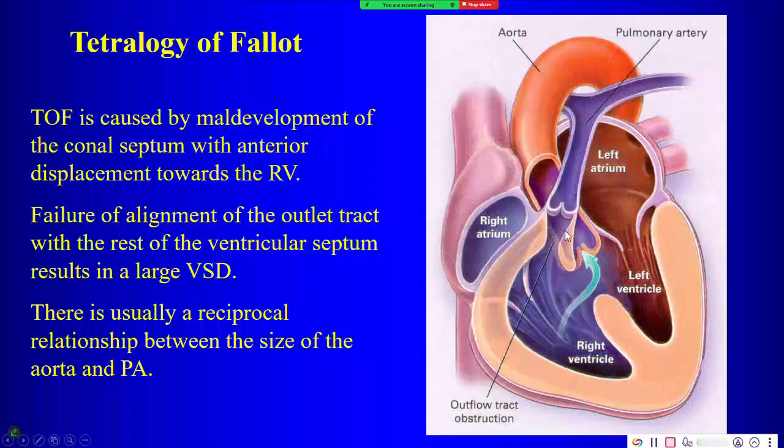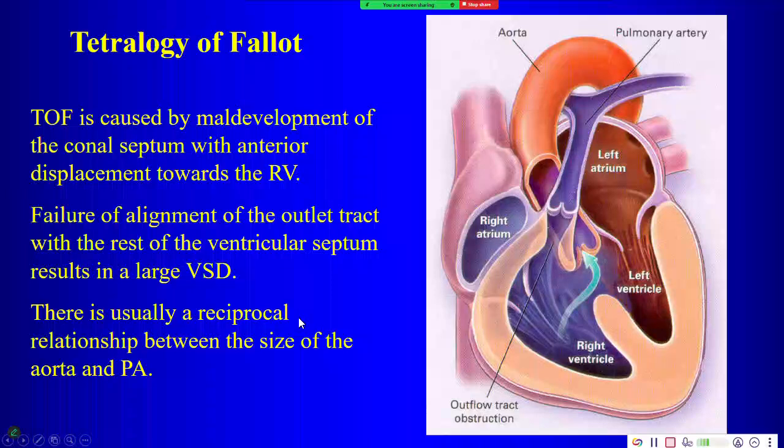And then, because of that shifting towards the right ventricle, the aorta moves over and overrides the ventricular septal defect. The infundibular stenosis results in right ventricular hypertrophy because of the obstruction to the outflow tract. So all of these elements of tetralogy of Fallot are just caused by one embryologic abnormality, that abnormal anterior displacement of the septum here in the infundibular region.